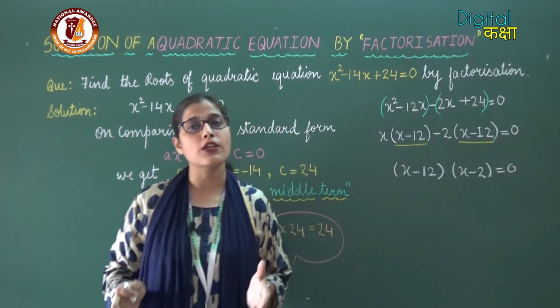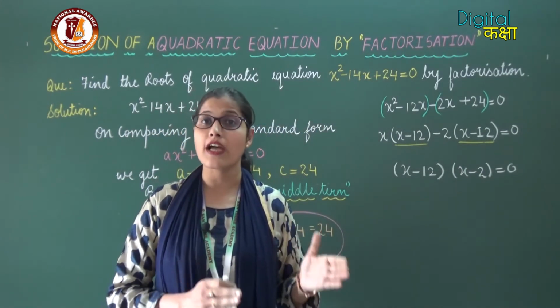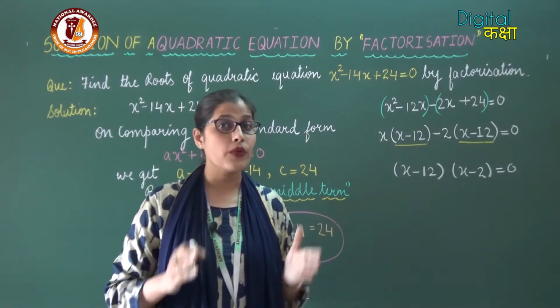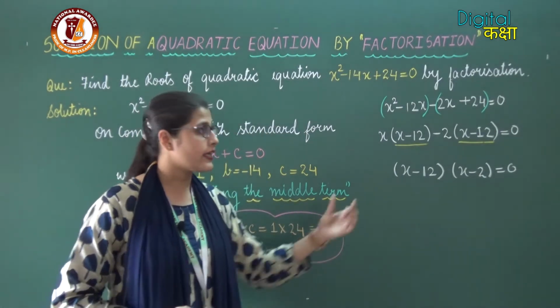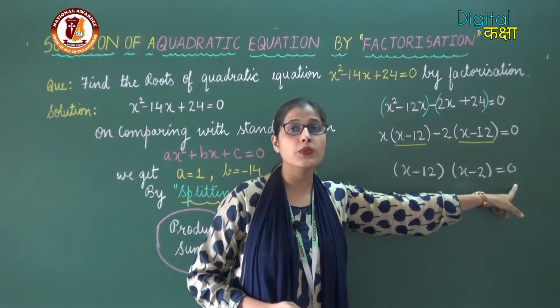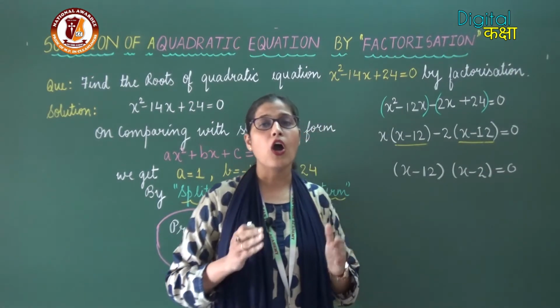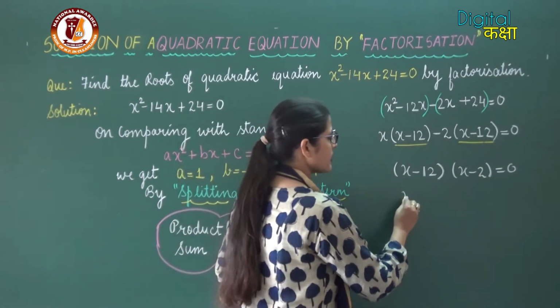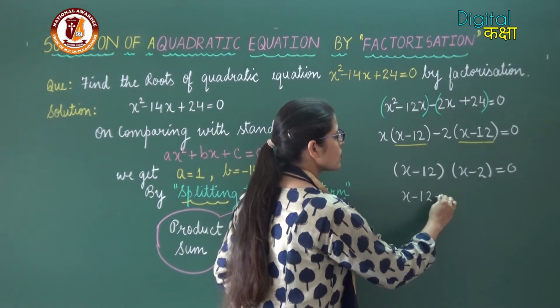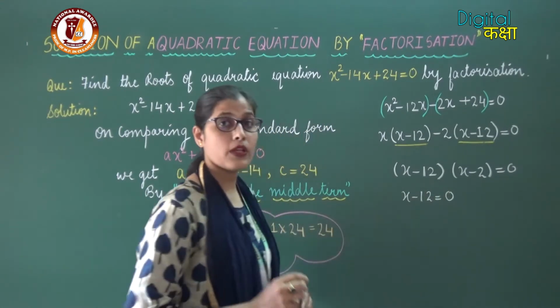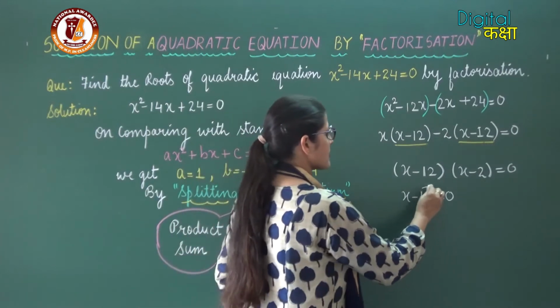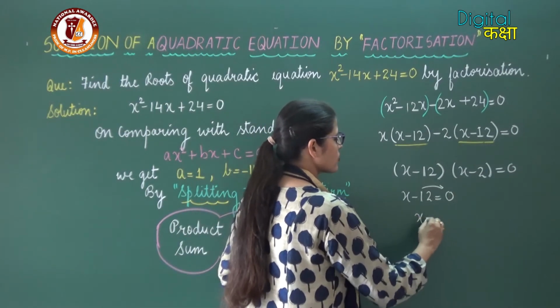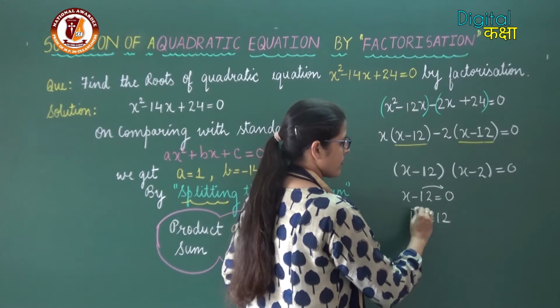Now, to get the solution of the given quadratic equation, we will be equating each factor equal to 0. On equating x minus 12 equal to 0, we will be getting the value x equals 12.